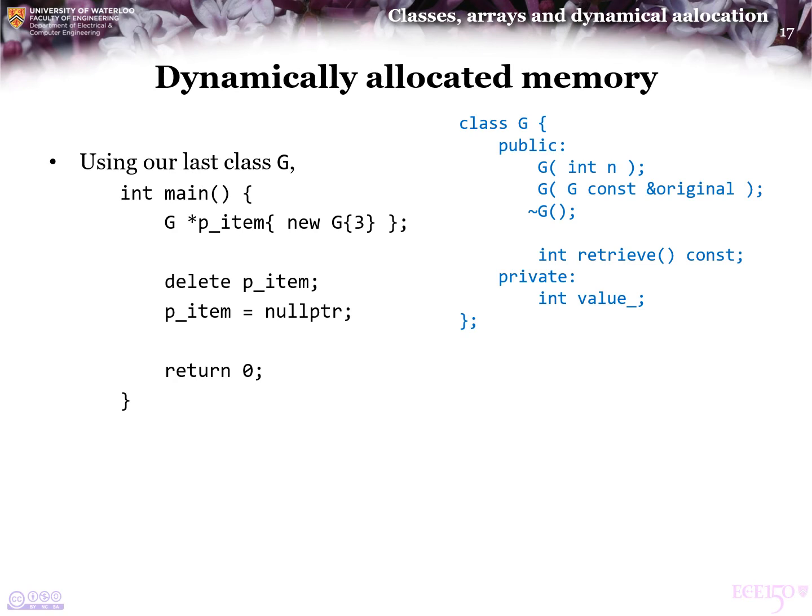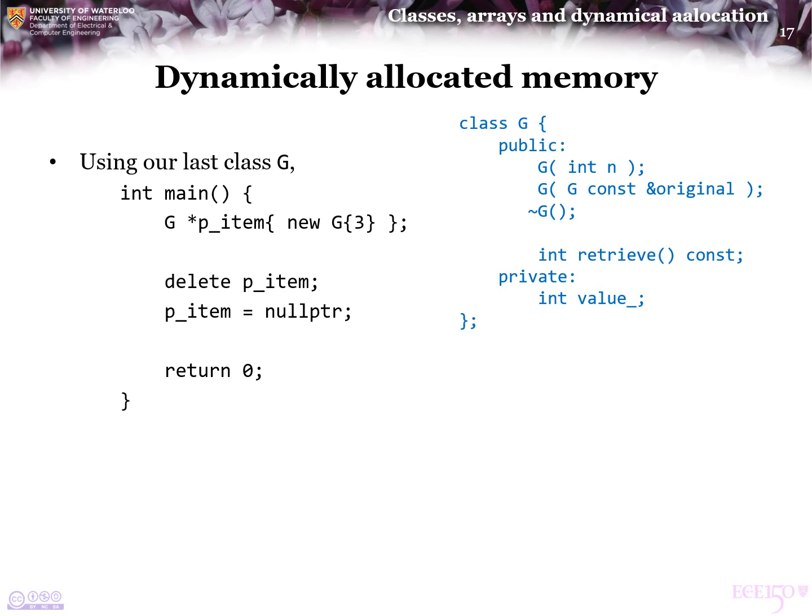Now, using our last class G, which we previously defined, where we have a constructor that takes exactly 1 argument, a copy constructor, a destructor and a retrieve member function. Here in this function, we declare p_item to be a local variable that stores an address.